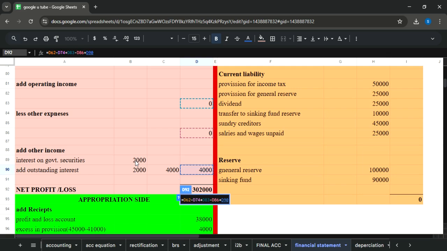So finally, with the calculation of these four factors, when they are related to gross profit, we will get our net profit. What we have done, gross profit less operating expense, add operating income, less other expense, add other income, we have got 128. This is your net profit. Answer is available. Let's check it out.